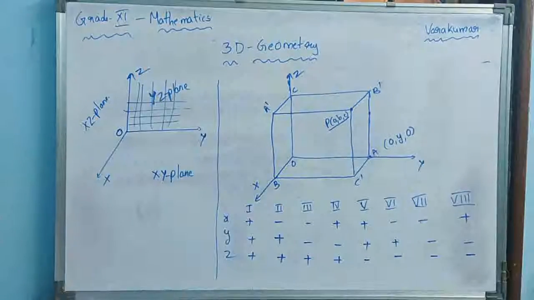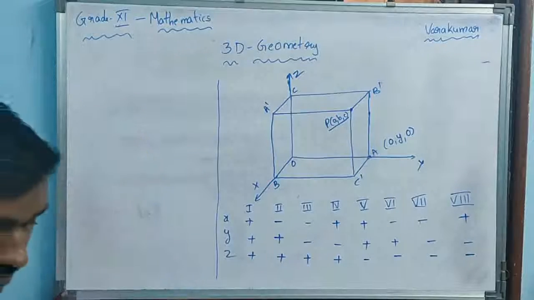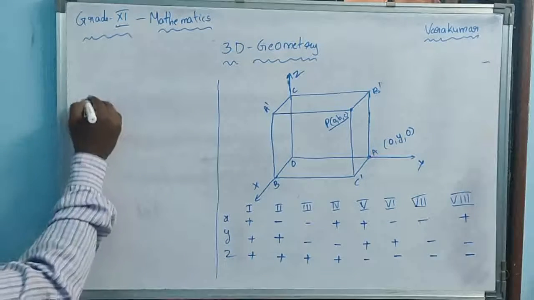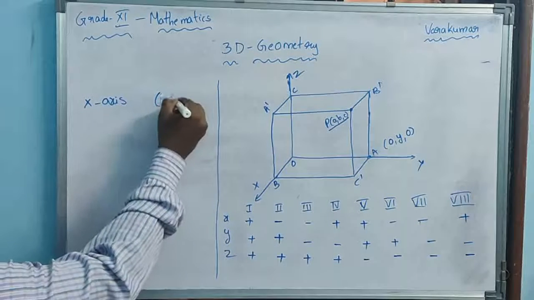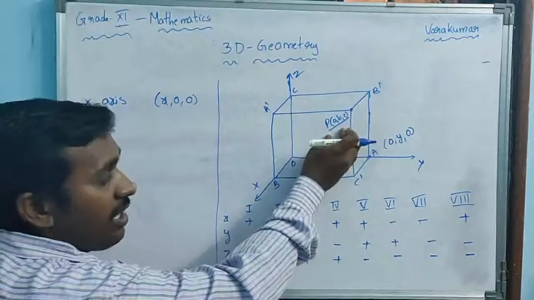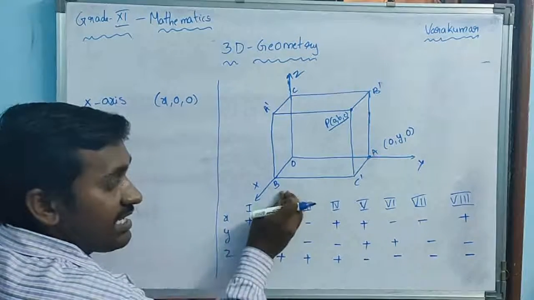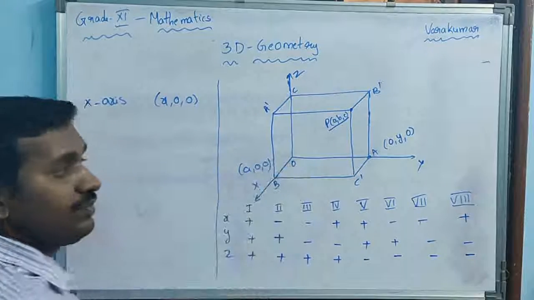Let me write all those things. With respect to the x-axis, if it lies on the x-axis, it will be in the form (x, 0, 0). So with respect to this P (A, B, C), on the x-axis it will be (A, 0, 0).